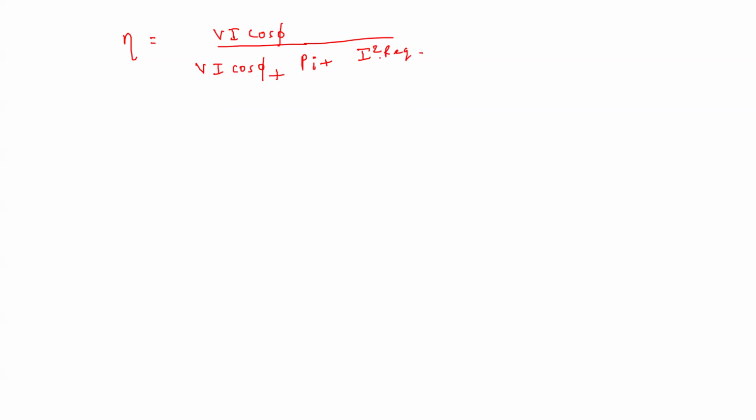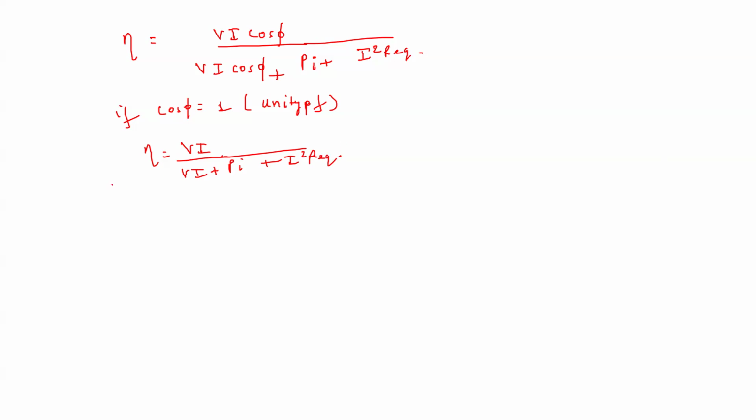But in this case, if cos phi is 1, unity power factor, the efficiency becomes VI by VI plus Pi plus I square R equivalent.